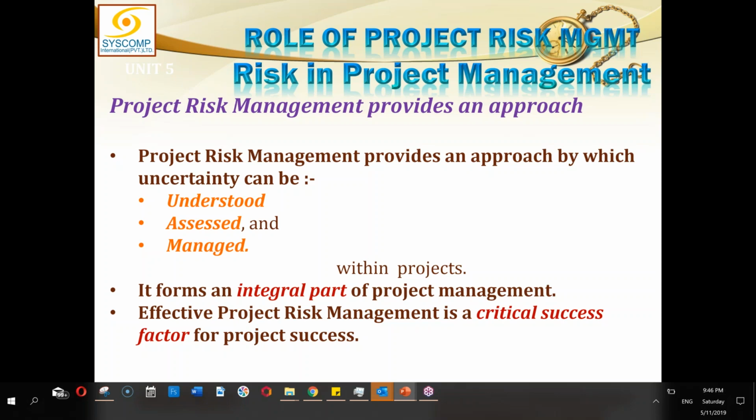As we have already said, projects are uncertain, and effective project risk management is a critical success factor for the success of the project. Project risk management is not mandatory. There are many people who do not care about project risk management, who do not care about earned value management, who do not care about project resource management, and still they are doing projects all around us.